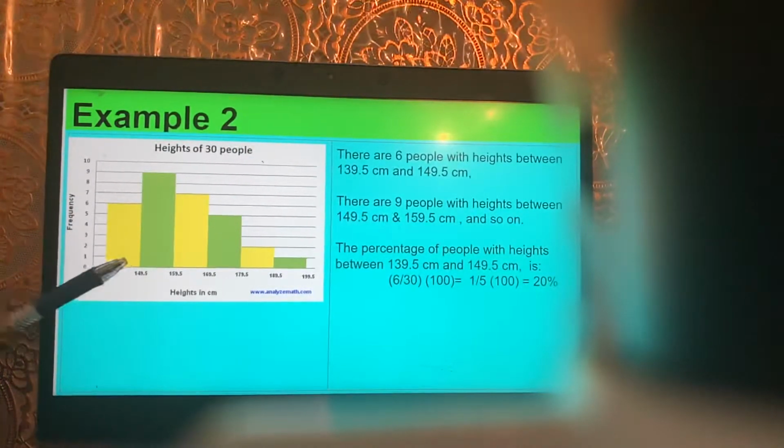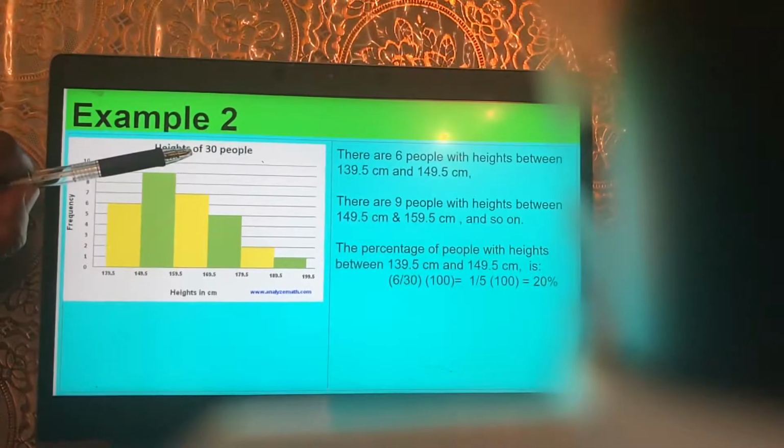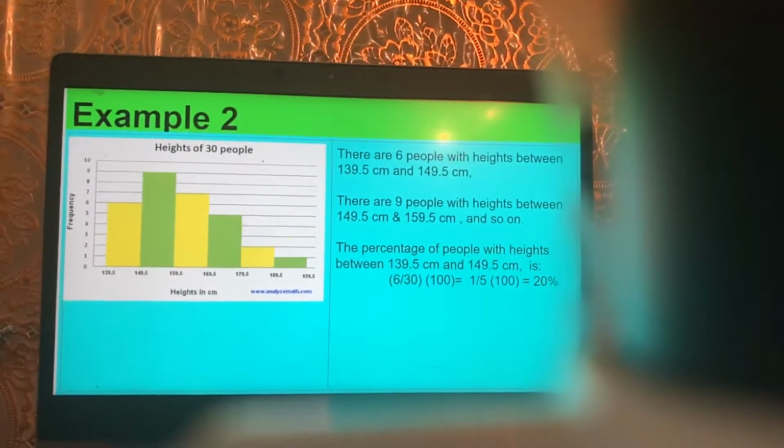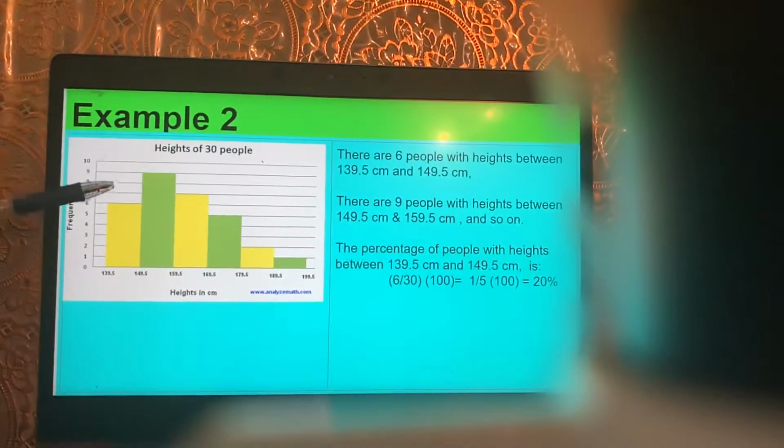So if I want to find the percentage of people with heights between 139.5 and 149.5, I divide the 6 people by the total number of people, which is 30, and multiply by 100, which is 20%. So 20% of the entire number of people fall in heights between 139.5 centimeters and 149.5 centimeters.